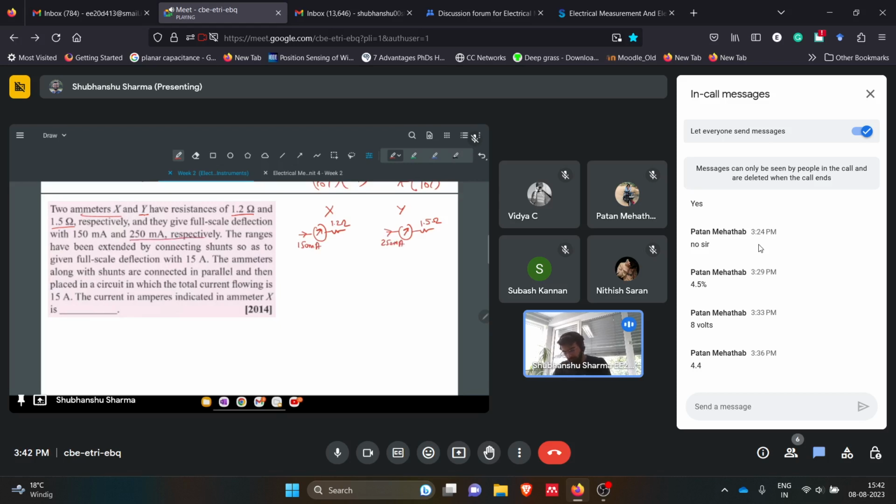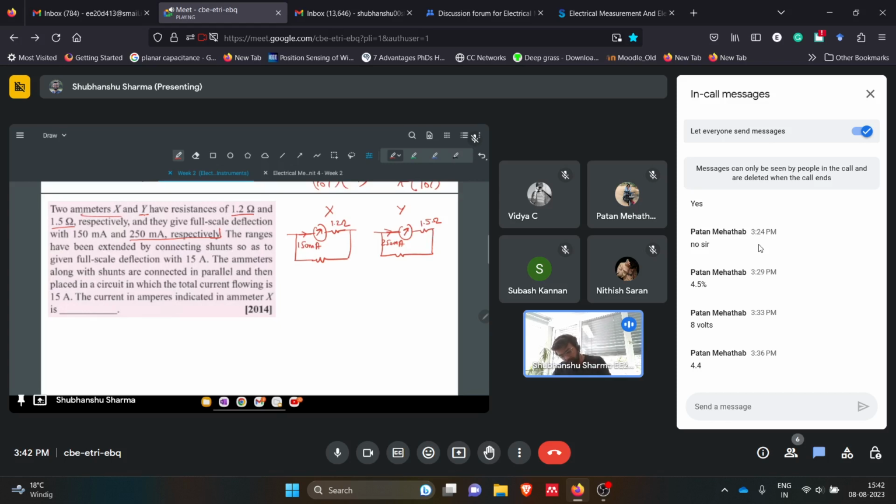Till now it is okay. Now the next line says the ranges have been extended by connecting shunts. So how to extend the range of an ammeter? By connecting shunts. If we connect a shunt like this, and another shunt here, we can extend the range of these ammeters.